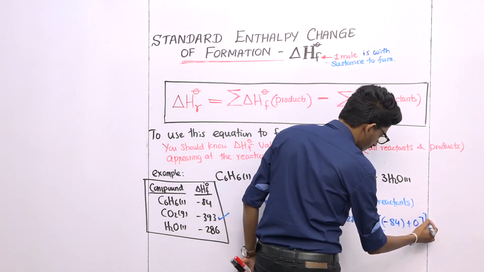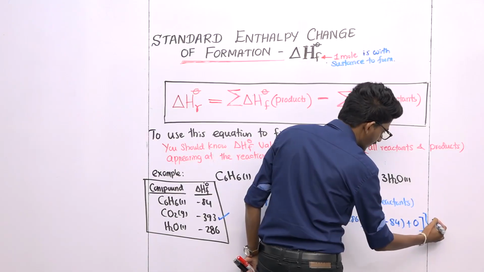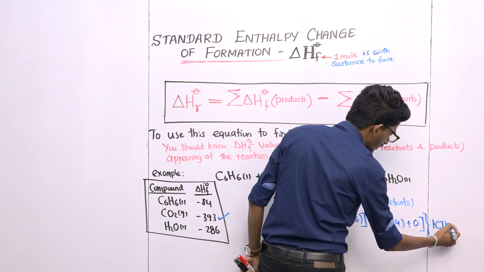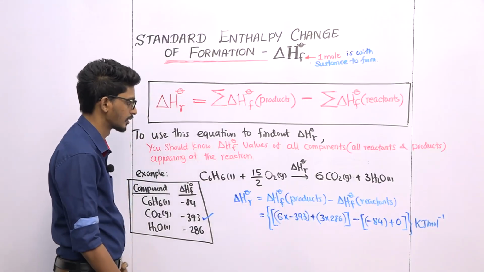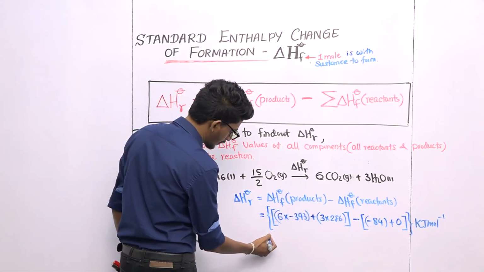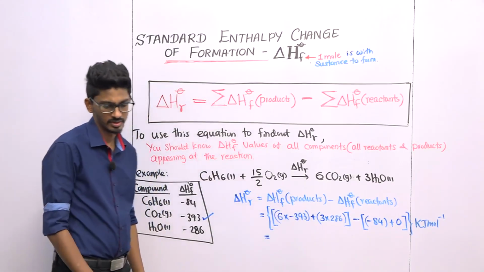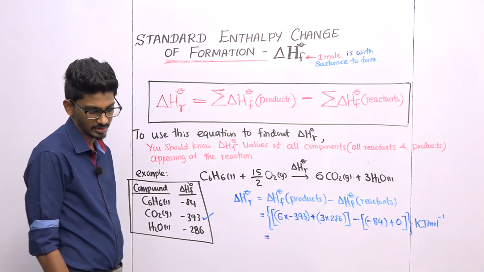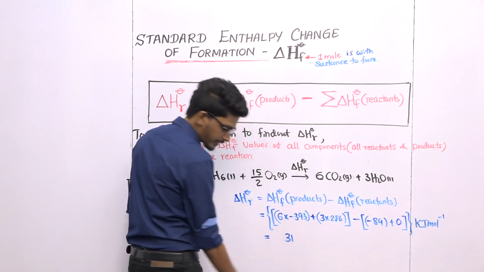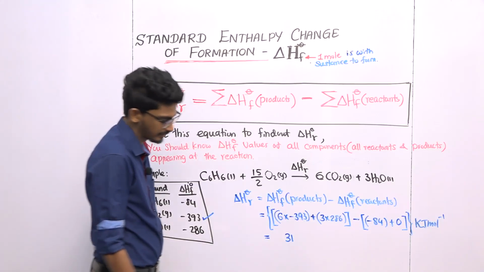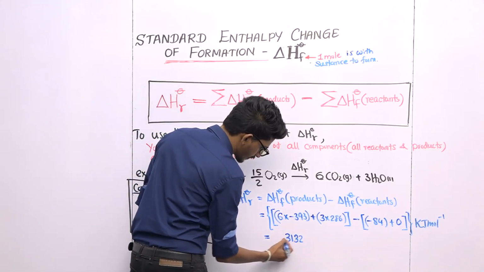This is the substitution with the correct units. Units should be written. All the values are represented in kilojoules per mole. So you can come up with the answer by simplifying this, and the answer would appear as minus 3132.